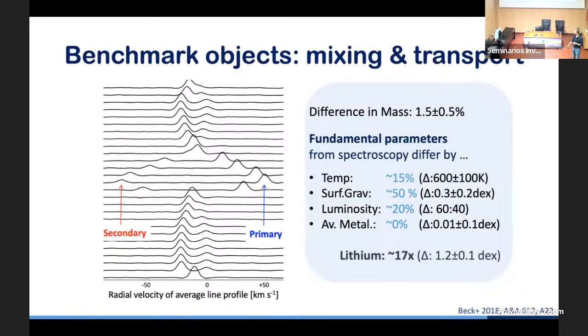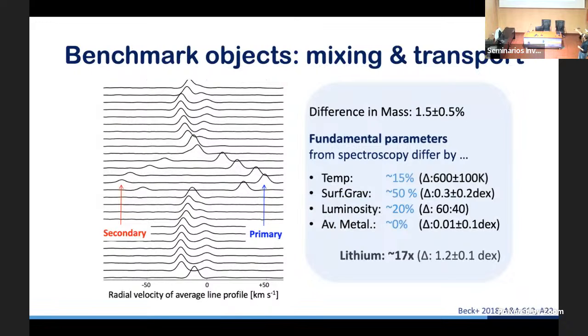But all the other parameters differ: we have a difference of 15% in temperature, 50% in surface gravity, 20% in luminosity, and lithium differs by a factor of 17. They must be at the same age, but why are they so different?